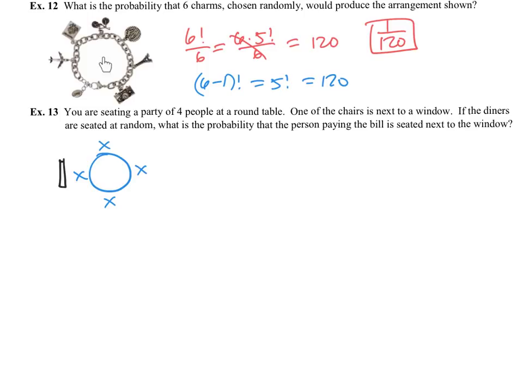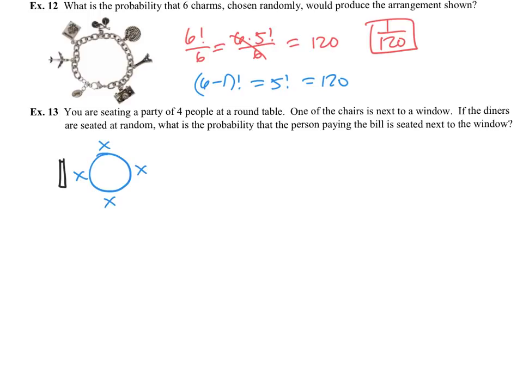Well, we've been talking about circular permutations, but as soon as we have a fixed reference point, it's really not a circular permutation anymore. Now it's just a linear permutation. So it's like, what's the probability that this guy's in the first spot and then these guys line up behind him? Let's talk about the number of ways that could happen.